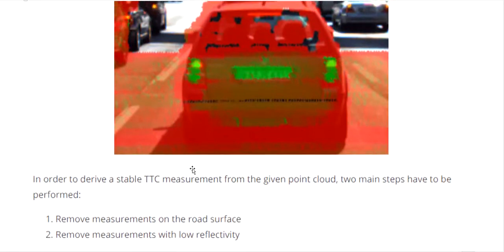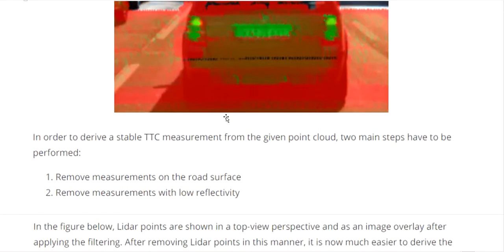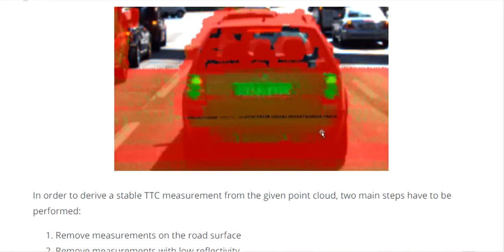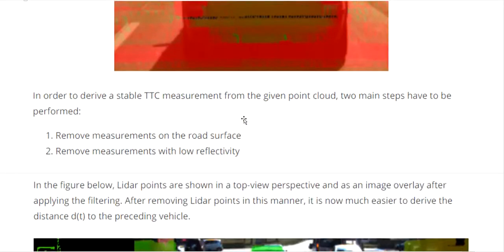In order to derive a stable TTC, time to collision, from the point cloud, there are two main steps. Right now we have to remove all the road surface right here, and we only keep the high reflectivity points. So we remove measurements with low reflectivity. We remove the road surface, and we only keep the high reflectivity.